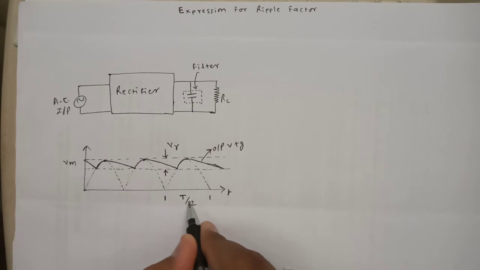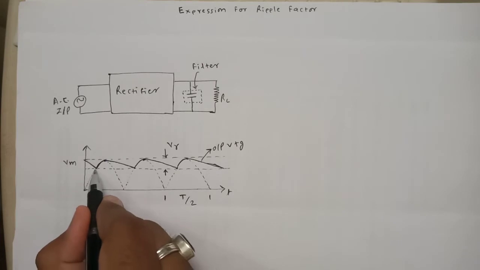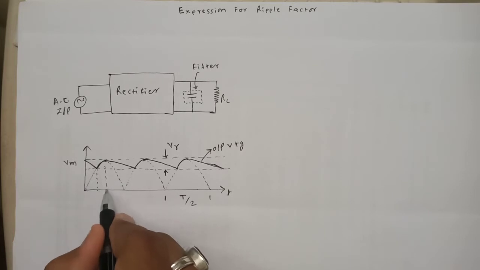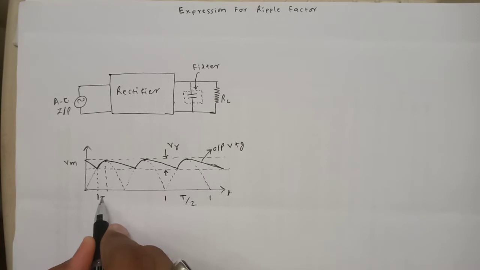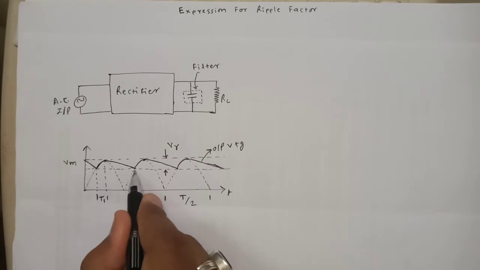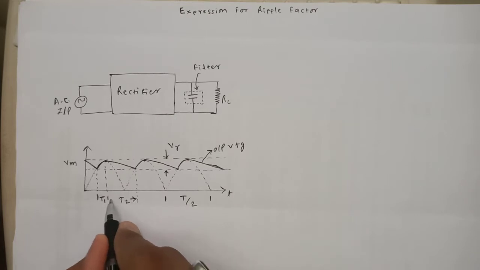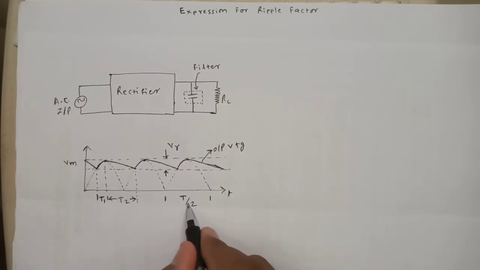Let us consider that the time during which the capacitor is charging, you can consider here or in this cycle also, anywhere as per your comfort, we call T1, and the time from this to this where the capacitor is discharging, we call T2. So T1 and T2 make one half cycle, which is equal to T by 2.